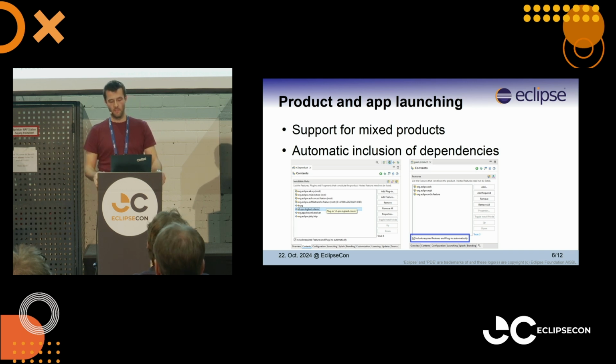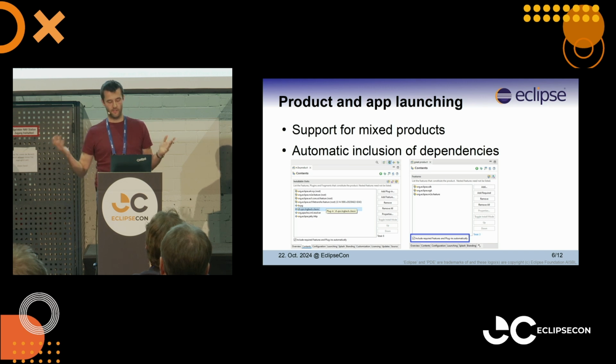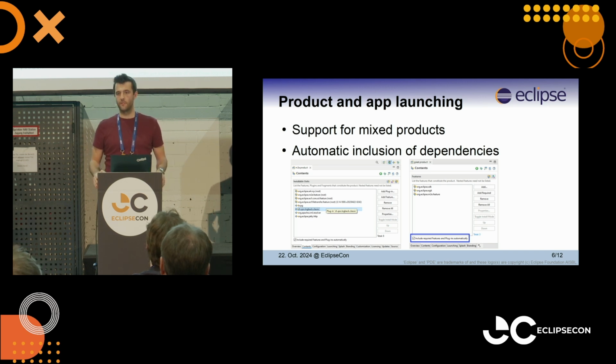It also meant that, for example, if you created a product, you had to add missing dependencies manually, which is very tedious and cumbersome, and it also means that you have to remove these dependencies again if they are not required anymore, which is again tedious and cumbersome and often forgotten. That can then lead to products that are larger than they have to be, and you maybe end up shipping bundles or jars that are never used.